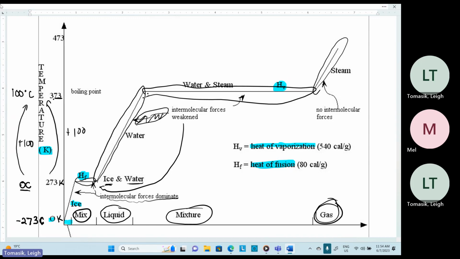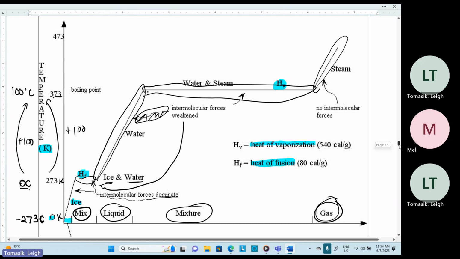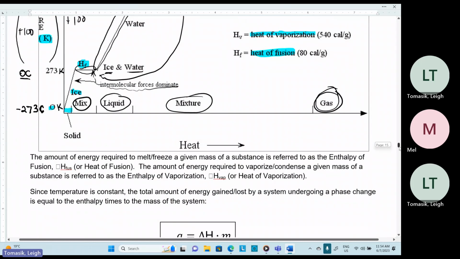But the point is, when it plateaus, it's because the energy is going into changing states, and we have something called a latent heat of vaporization or latent heat of fusion. So it says the amount of energy required to melt or freeze a given mass of substance is referred to as the enthalpy of fusion, and the amount of energy required to vaporize or condense a given mass of substance is referred to as the enthalpy of vaporization.